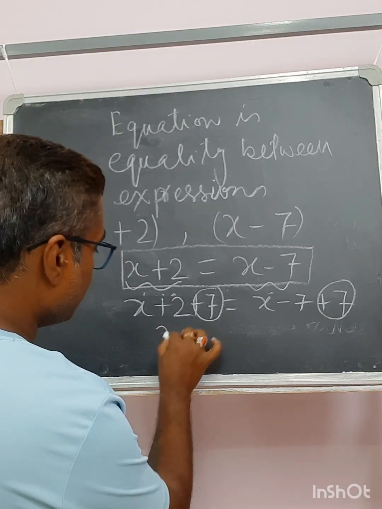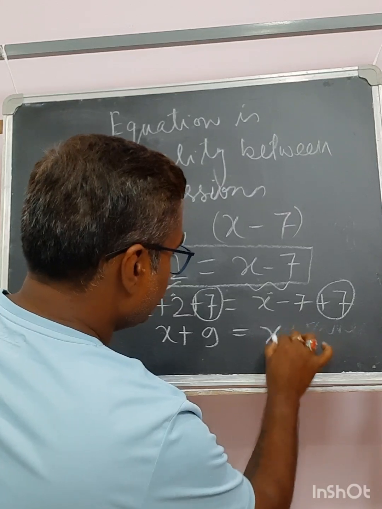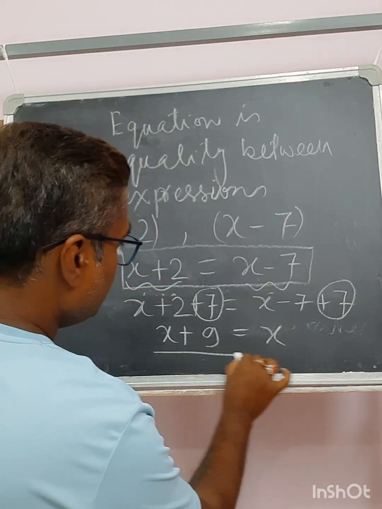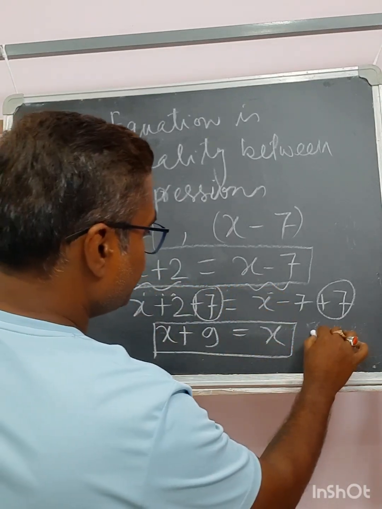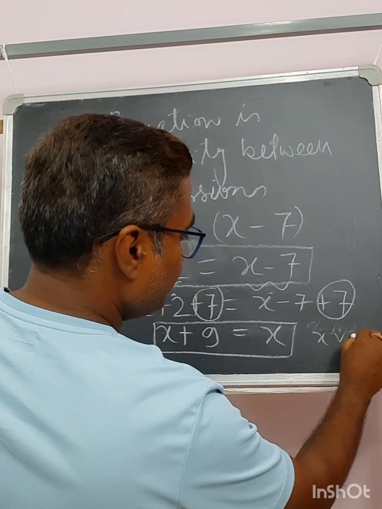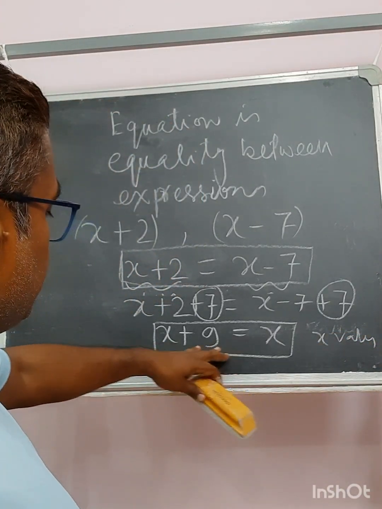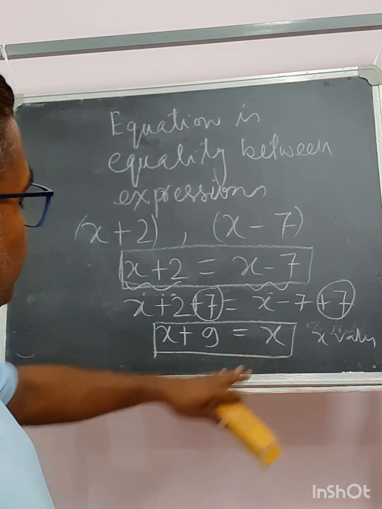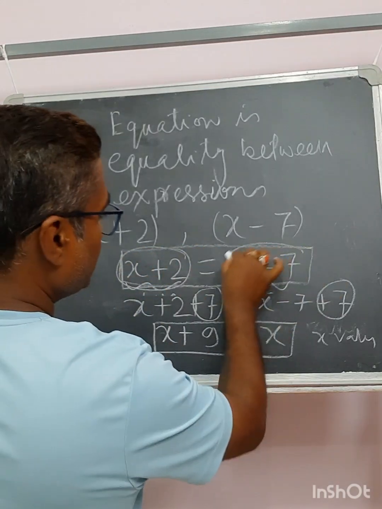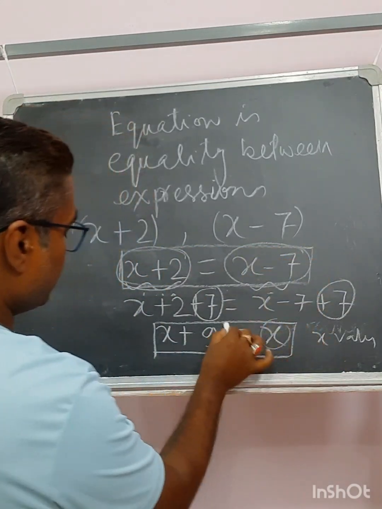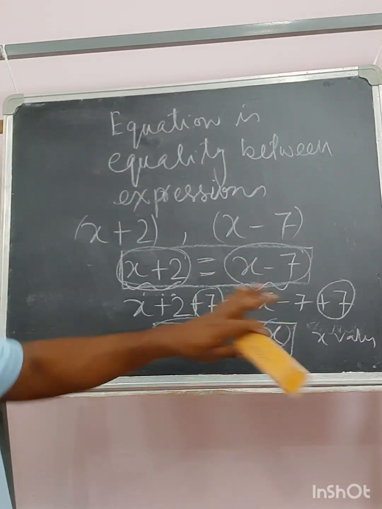That means here I can say x plus 9 is equal to x minus 7 plus 7, that is x. If the first is true, this is also true, and it is satisfied for the same values of x. But here you can see the expression changes. So you can understand that an expression is not static. The expression may vary, but the condition of equality will be the same even if the expression is different.